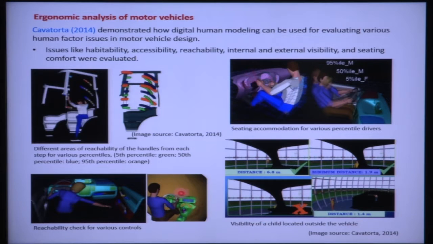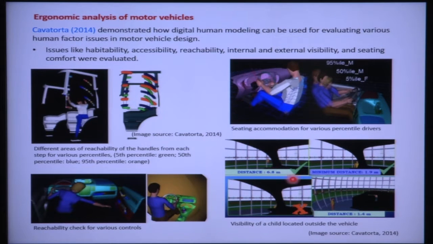One is normal reach, creating a reach envelope, to evaluate which areas of the control panel or different components on the dashboard can be accessed by the driver. At the same time, reach by extended arm: how much body joint movement is there for accessing a particular control or component in the vehicle was also evaluated.